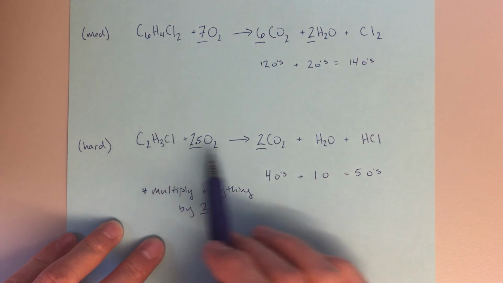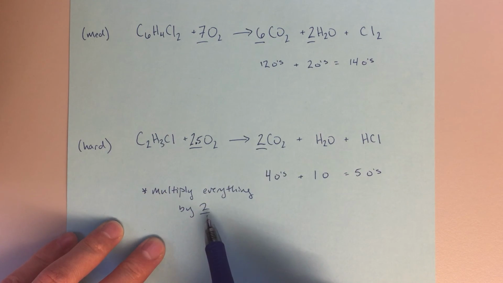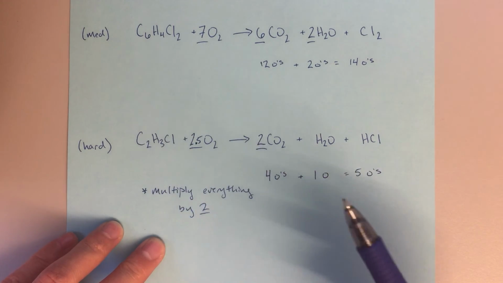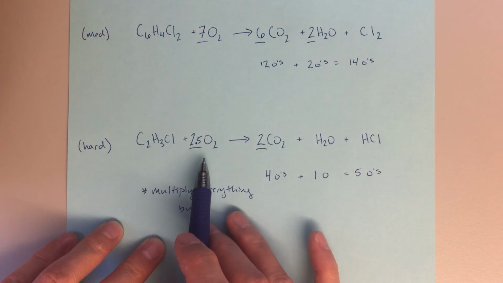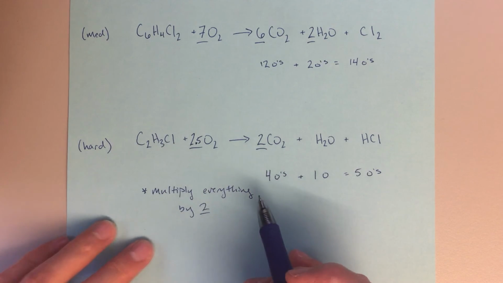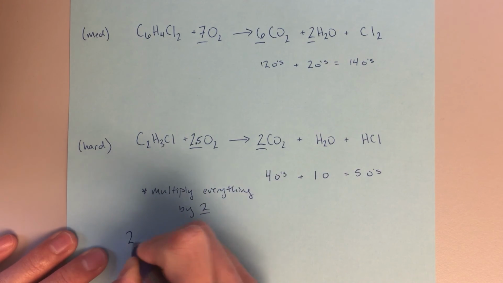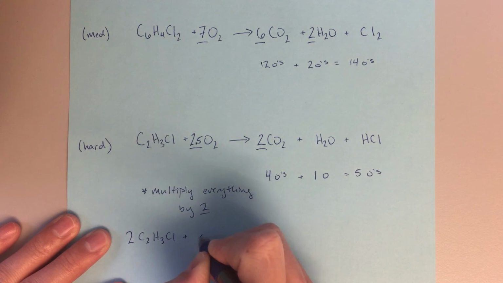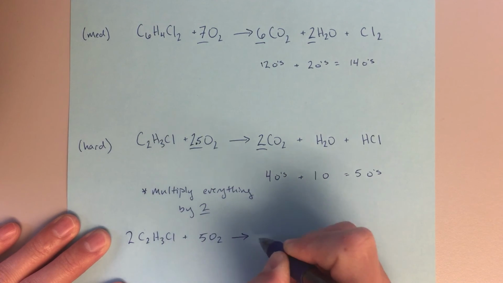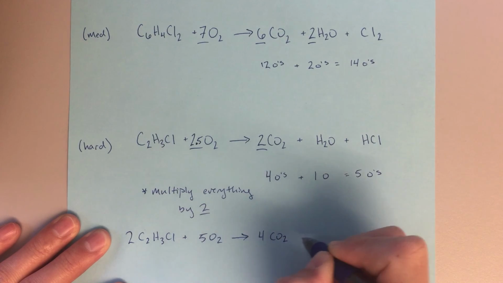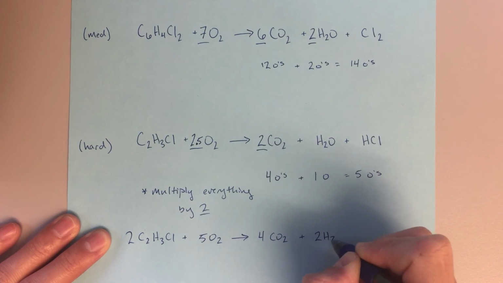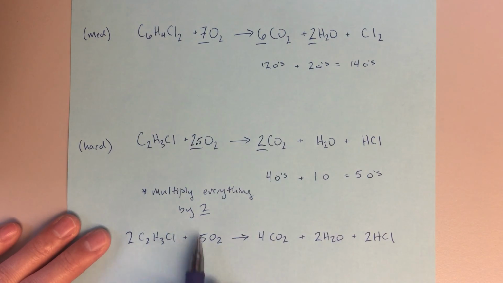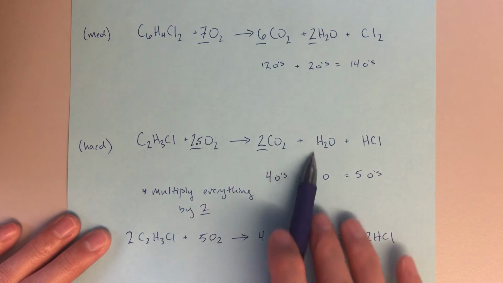If we multiply every coefficient by 2, well, then we'll make it so that each one of these adds up to a whole number, and everything will still be balanced because I'm just doubling everything, right? So my balanced chemical equation is where I've just doubled the coefficient at every spot.